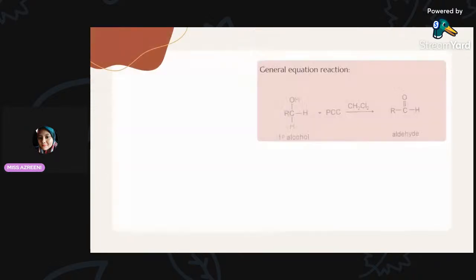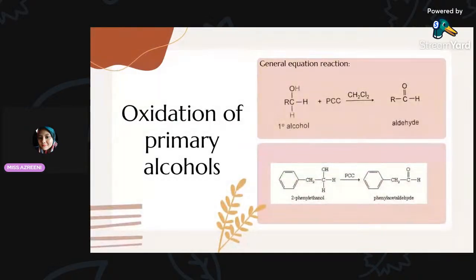So kita tengok oxidation of primary alcohol. Kita boleh tengok general equation reaction dia, di mana primary alcohol bertindak balas dengan PCC dan CH2Cl2 dapat menghasilkan aldehyde.